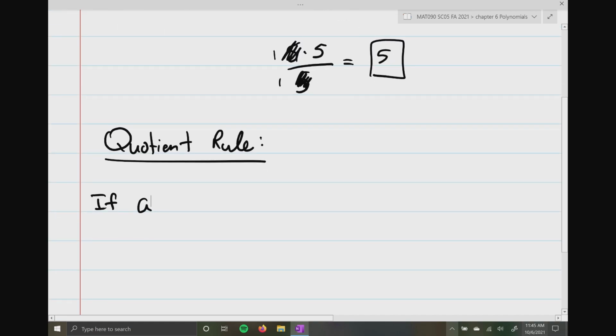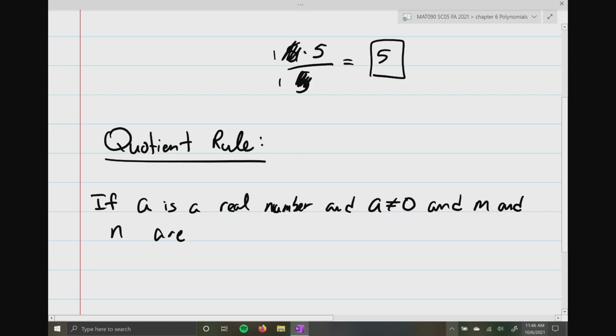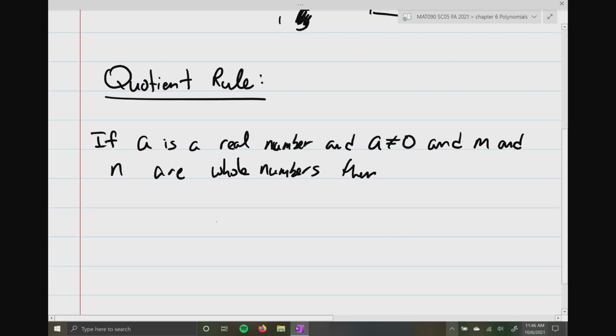So if A is a real number and A does not equal 0, because that's really important, and M and N are, and we're going to call them whole numbers for now, then if you have two exponents and you're dividing and the bases are the same, all you have to do is subtract the exponents.